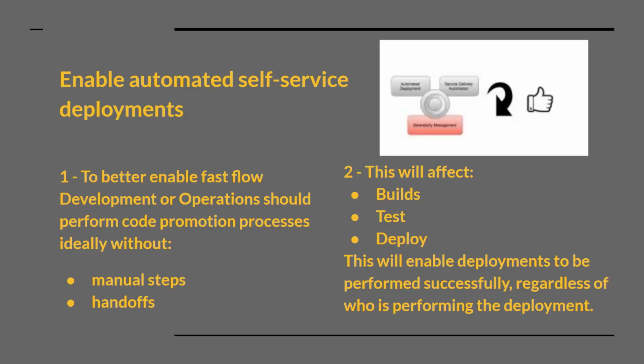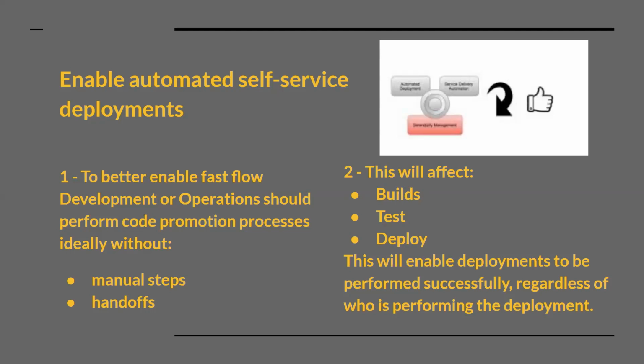Enable automated self-service deployments. This allows us to better enable fast flow of development and operations. A code promotion process is needed without any manual steps or handoffs, which will then affect the build. Here, this is when the deployment pipeline creates packages from version control.